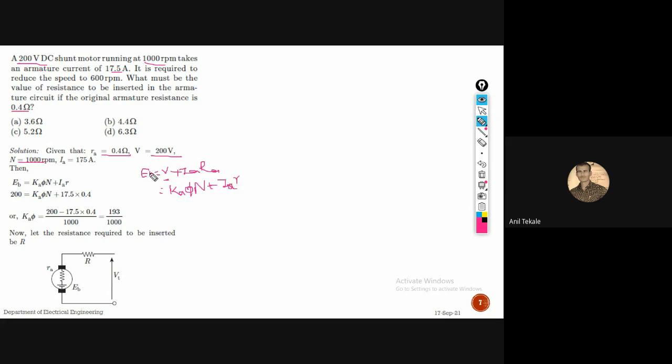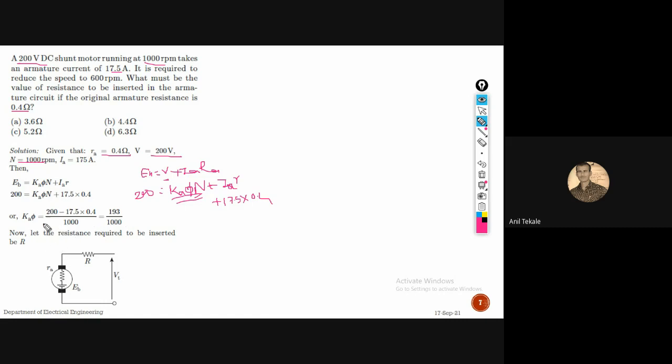We know that 200, it is given already. Then this value we have to find out, plus Ia is 17.5 multiplied by resistance 0.4. These values are already given in the example, so we just pick those values and put them in here.